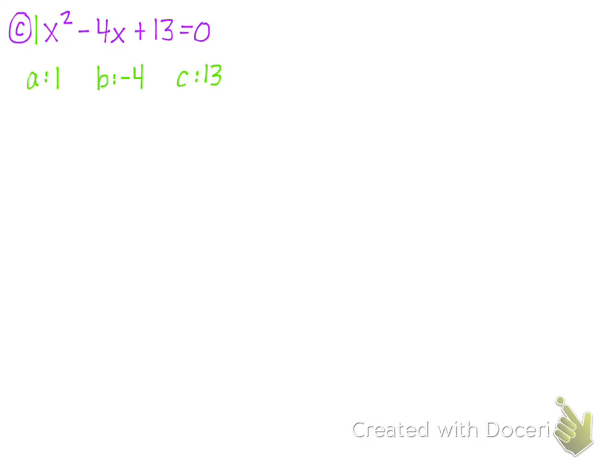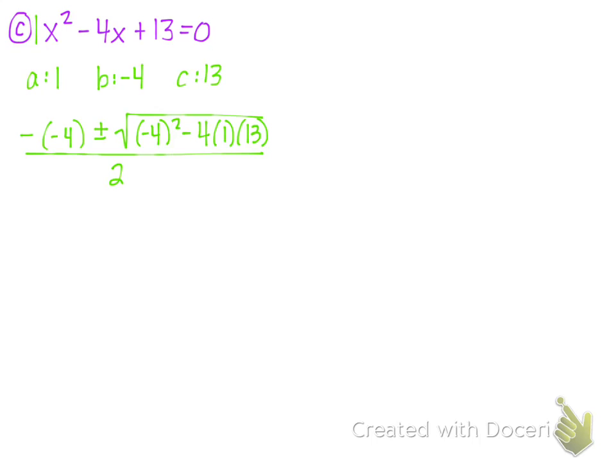So let's plug into our quadratic formula. We have negative of a negative 4. So we have the negative from our formula, and then we have our negative 4 for our b, plus or minus the square root of negative 4 squared minus 4 times a, which is 1, times c, which is 13, all over 2 times a, and a is 1.